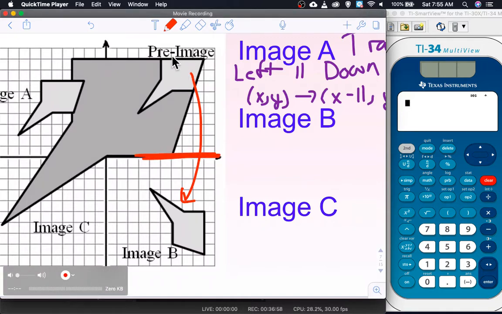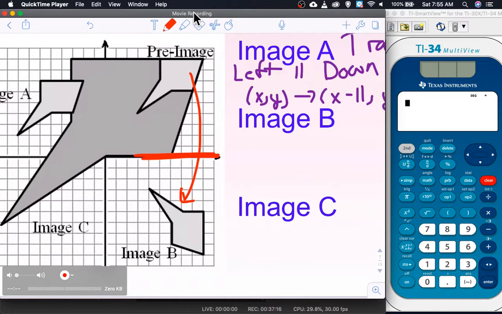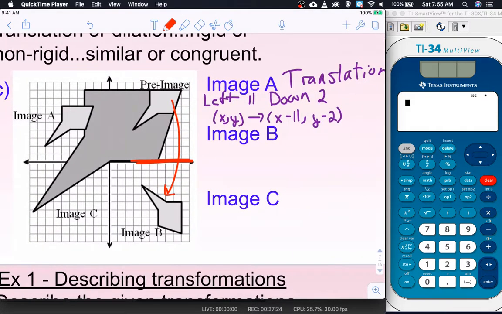I'm seeing some problems, like here. This line is flat on the top. If this would flip up and down, then if this is flat here, it would be flat right here. But it's not. So this is not a reflection. This is not a mirror image of each other across this line. So instead of being a reflection, this must be a rotation.